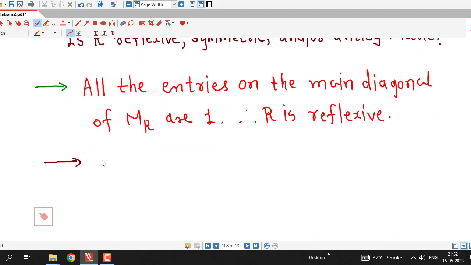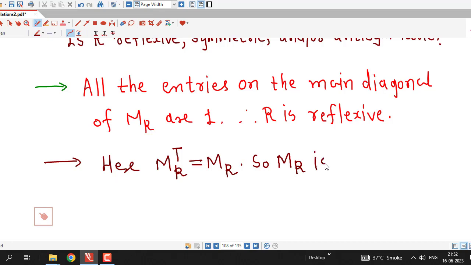So we can write here that the transpose of the relation matrix is the relation matrix itself. This means the relation matrix is symmetric and therefore the given relation R is also symmetric.